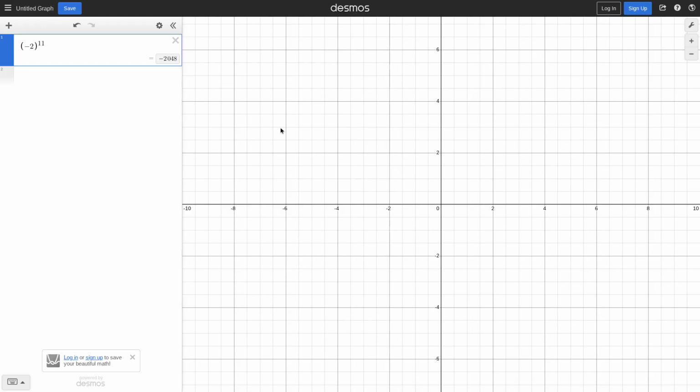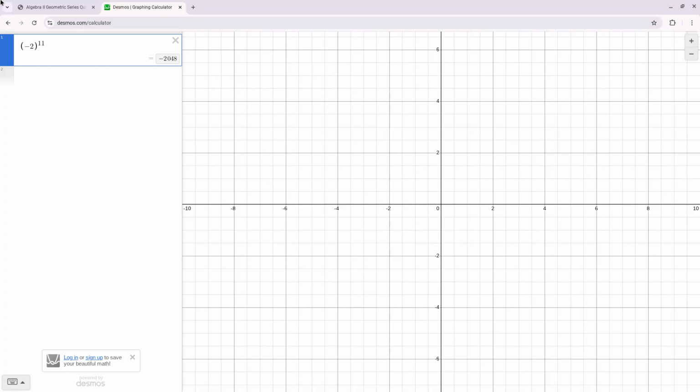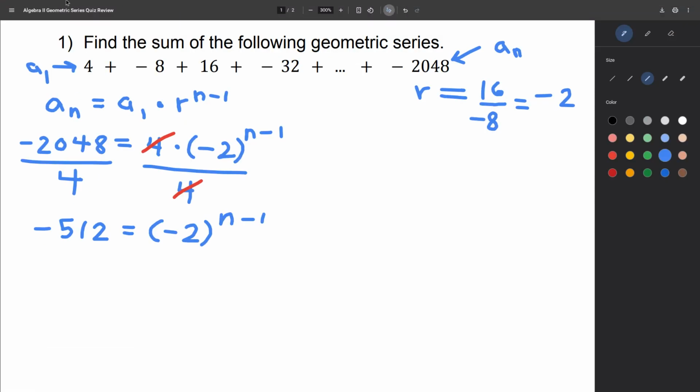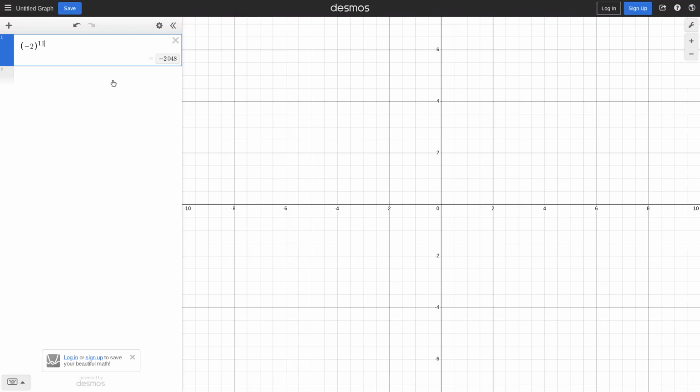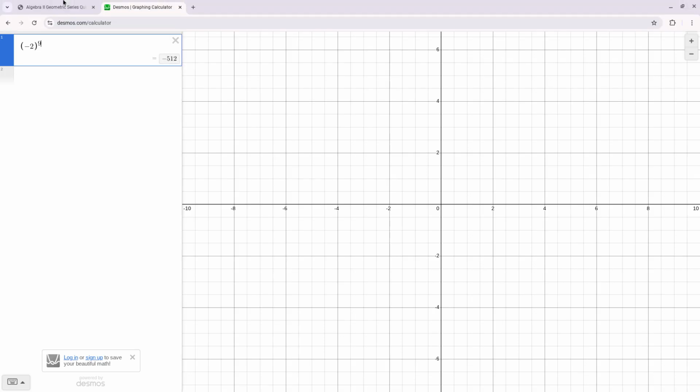If I multiply by -2 again, so -2 to the 11th power, I get -2048. Okay, but we're looking for -512, so we went too high. So if I go back, -2 to the 7th power, that's still too low. -2 to the 8th power is 256, so we're getting closer. So if we do -2 to the 9th power, we get -512.